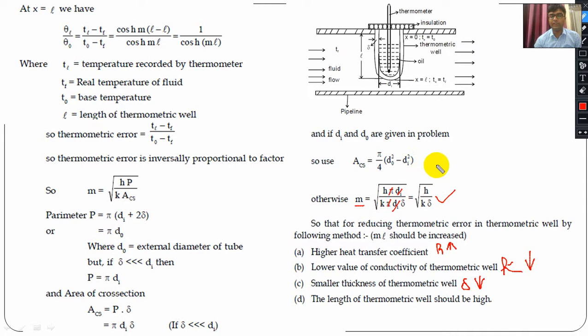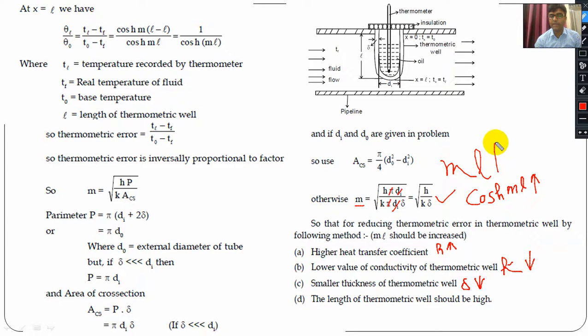And definitely if you talk about the ml value, if m is high, definitely L is high. So if you are considering the length of the thermometer is high, and the ml value is high, definitely cos hyperbolic ml is high.